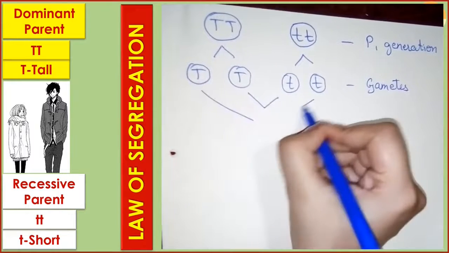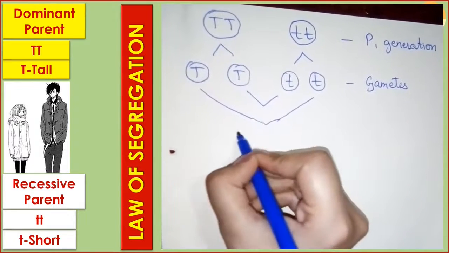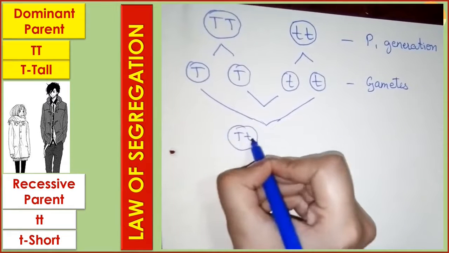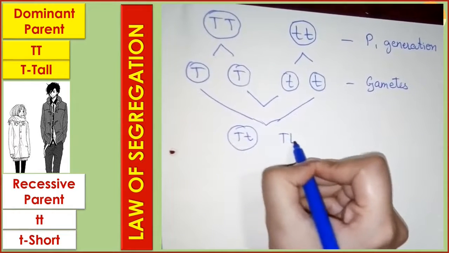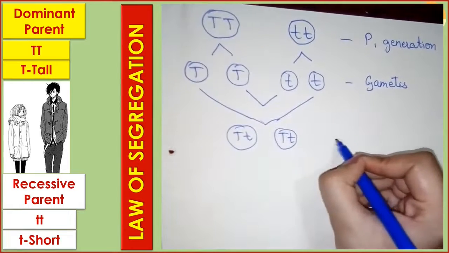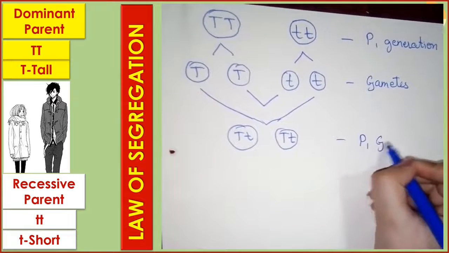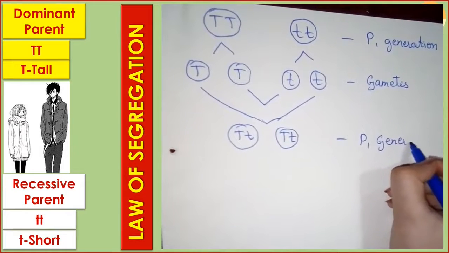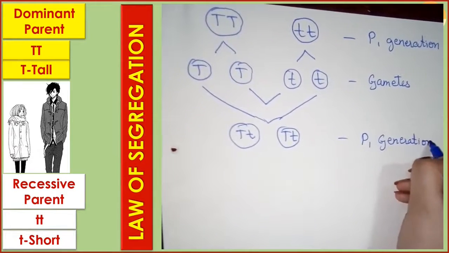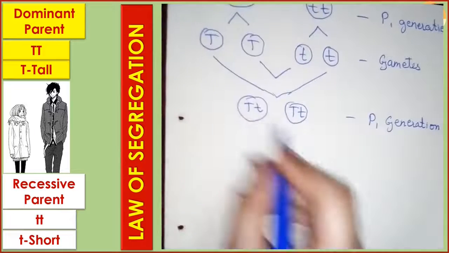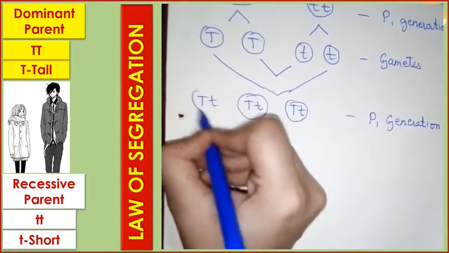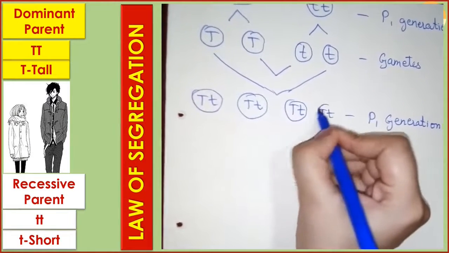These are the gametes. Then a cross is made between these two gametes, and the offspring produced will have the genotype capital T small t, which is heterozygous. So these are heterozygous dominant offspring. This is the F1 generation.